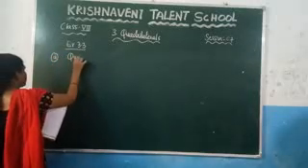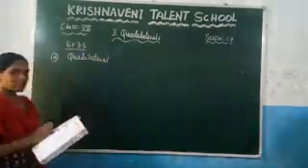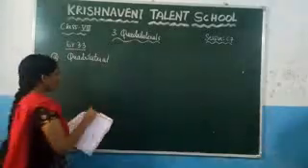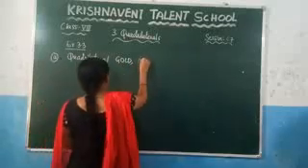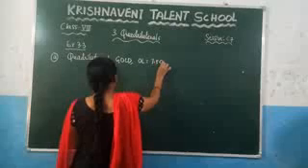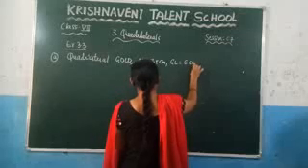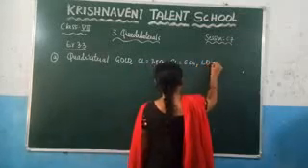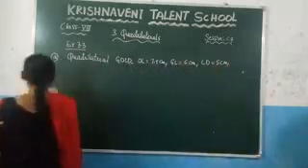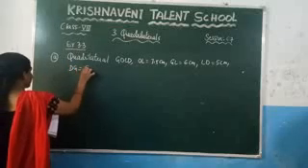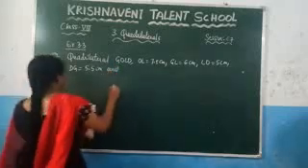So here they ask to construct the quadrilateral. DG 5.5 and OD 10.